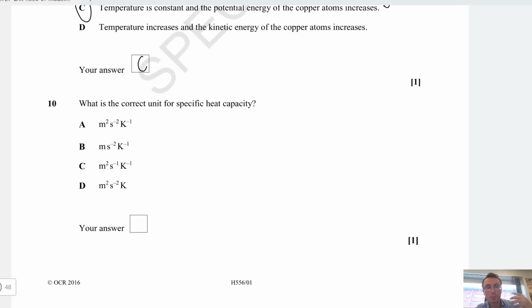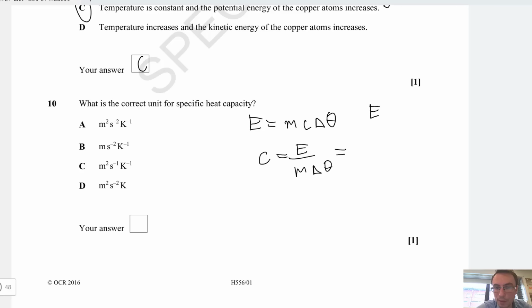Question 10, which is the correct unit for specific heat capacity? So because E is equal to mc delta theta, this means the specific heat capacity will be energy divided by m delta theta. These are base units, so the base unit of energy we can just derive from a half mv squared, for instance.